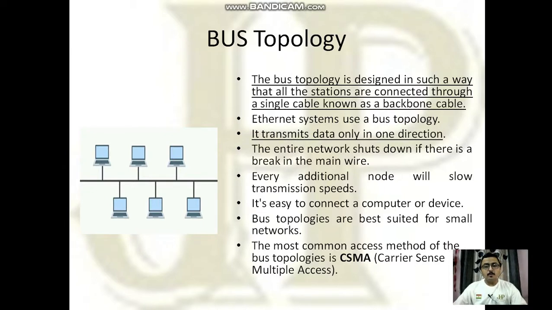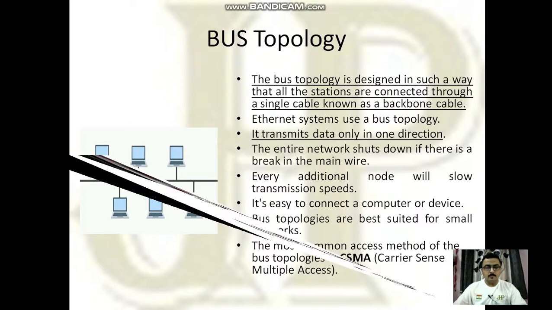The bus topology is designed in such a way that all the stations are connected through a single cable. Here it is. A single cable is there, known as backbone cable, made up of coaxial cable.